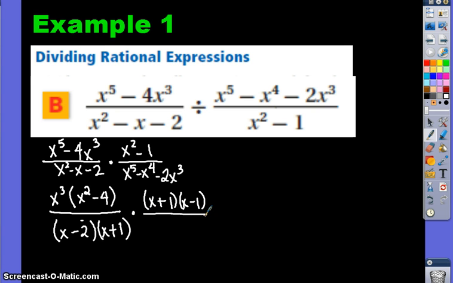And then down here we probably notice that they would all have, at the very least, a common x cubed, so we can factor out an x cubed from them, leaving us with x squared minus x minus 2.